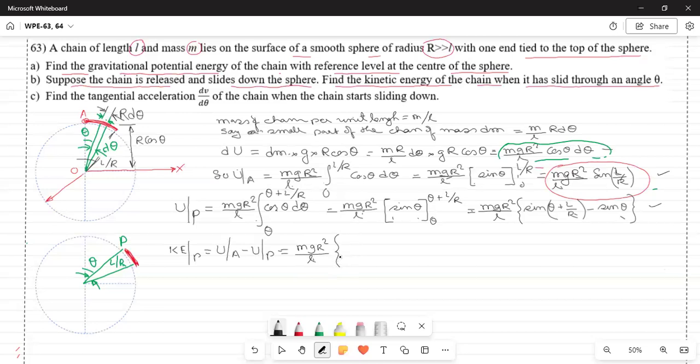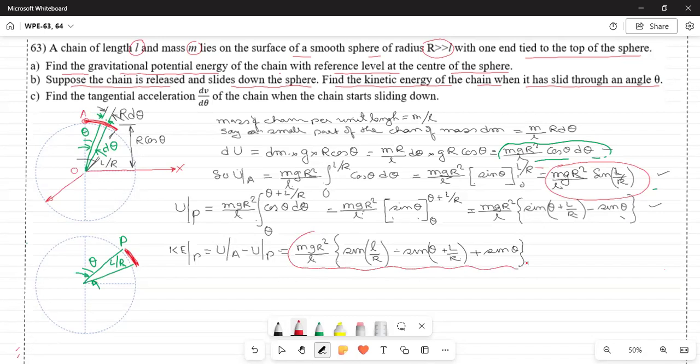And we have sine L by R minus sine of theta plus L by R, and this minus sine theta will become plus sine theta. So this is the second answer.